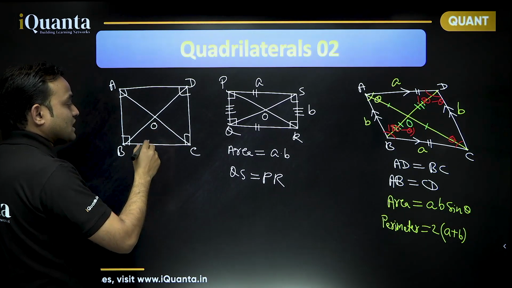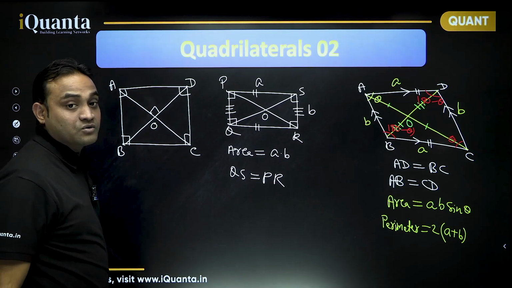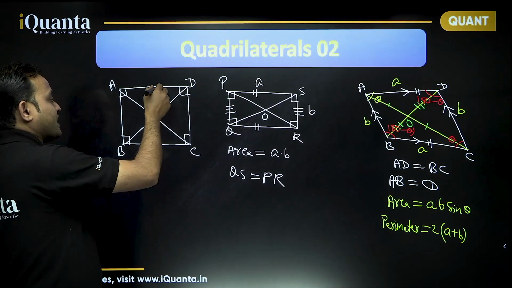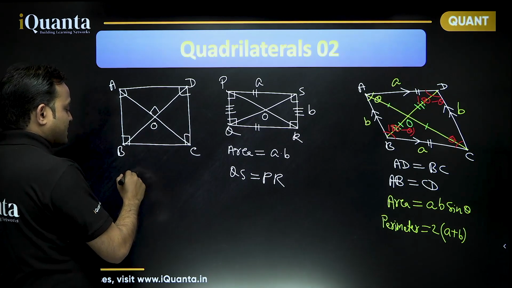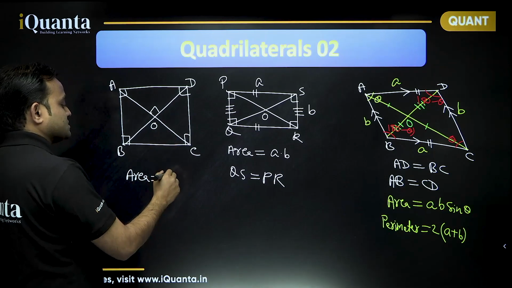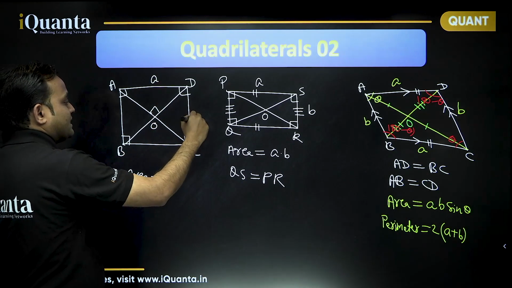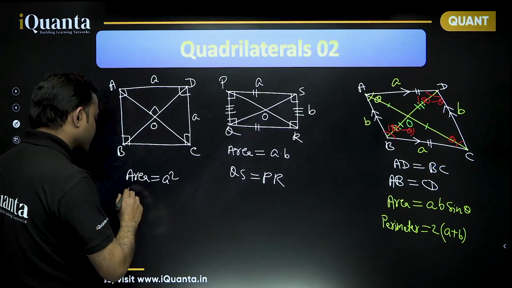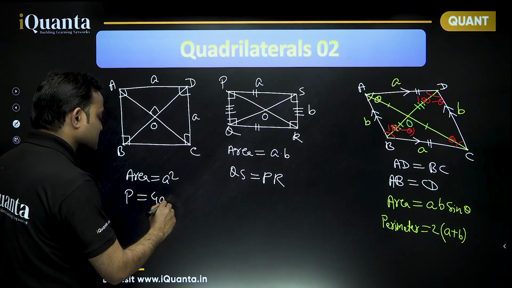They are equal and they are also perpendicular to each other. Okay. Apart from that, we can also find the area. Area of a square will be equal to a square, because the side lengths are a and a. Perimeter P will be equal to 4 times a.